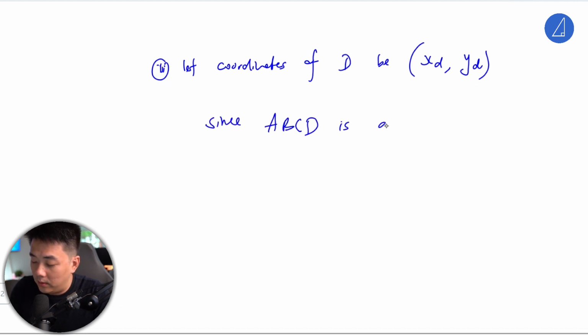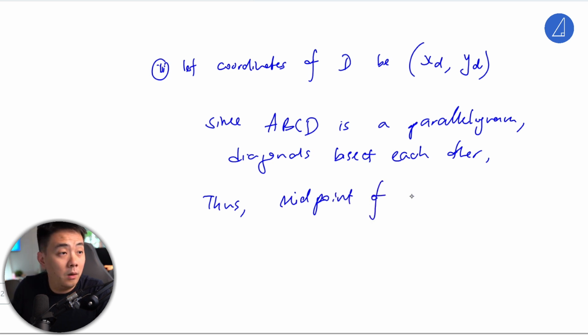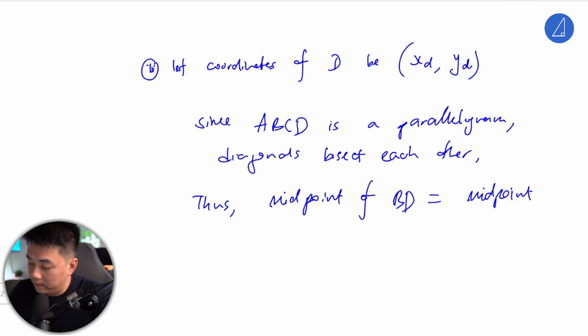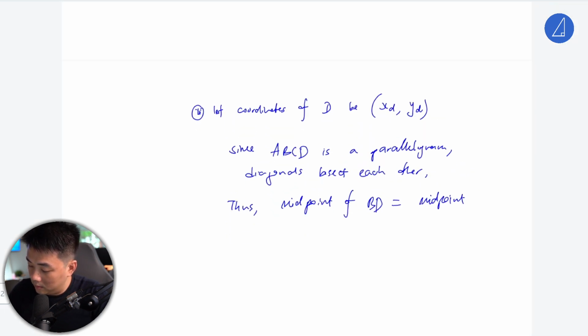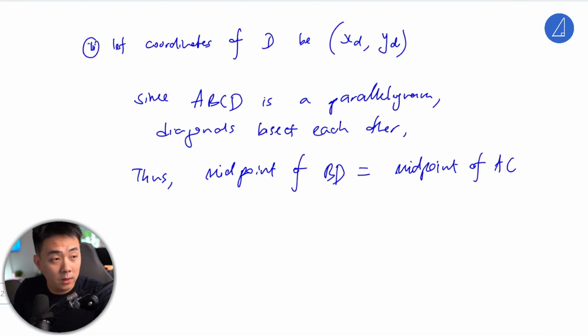Then you know that since ABCD is a parallelogram, the diagonals bisect each other, thus the midpoint of BD is equal to the midpoint of AC. Then you just do it.